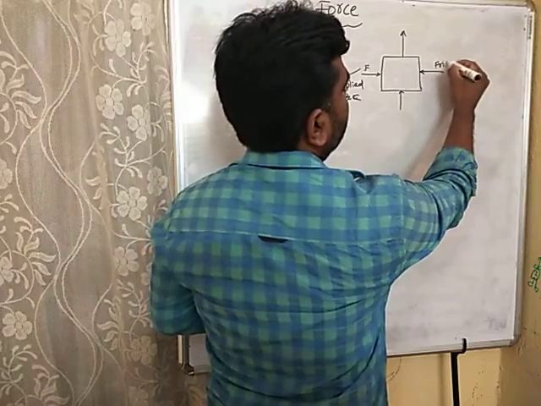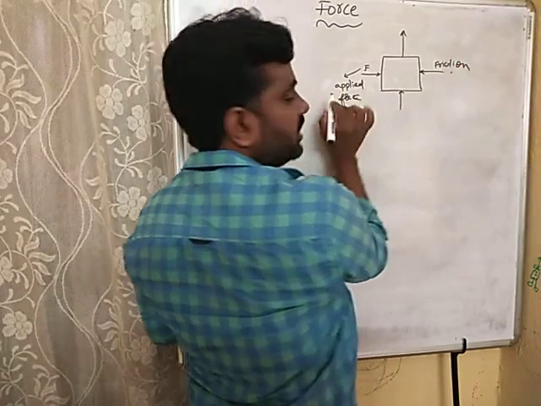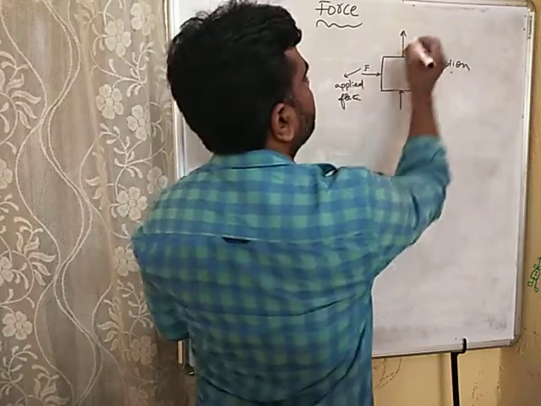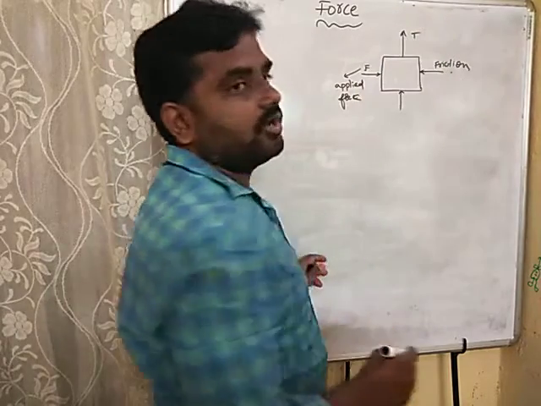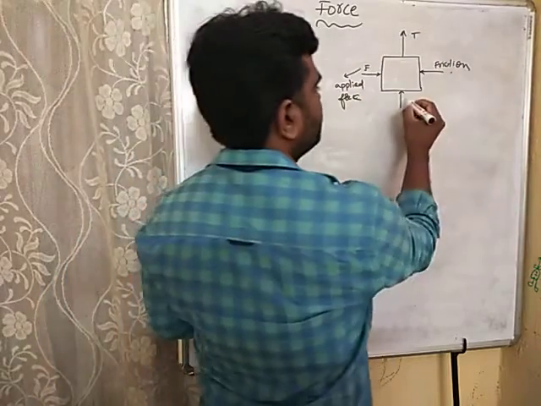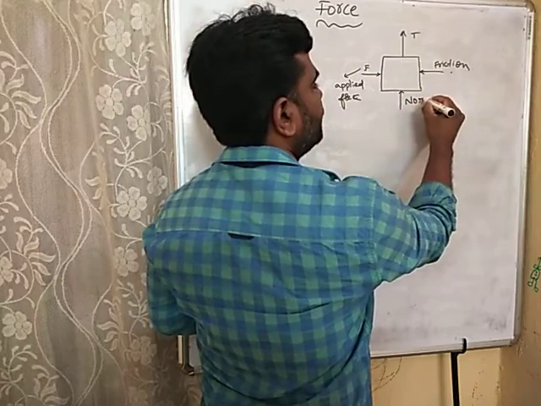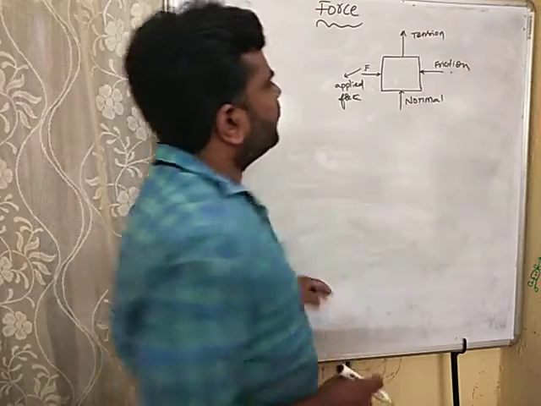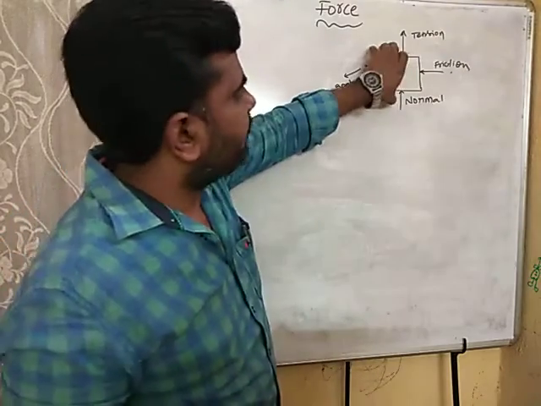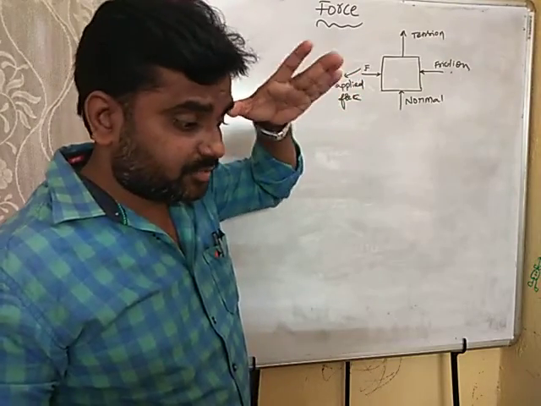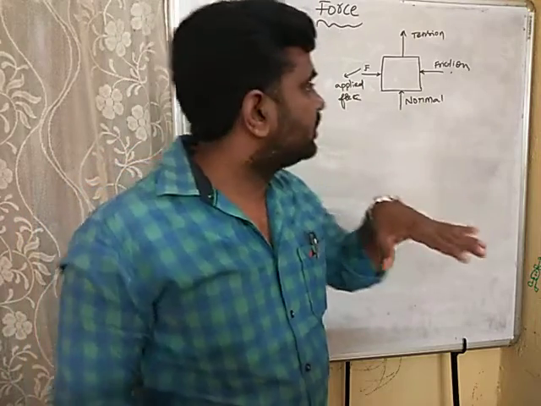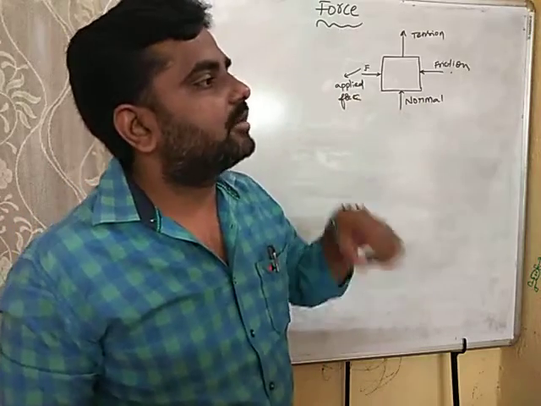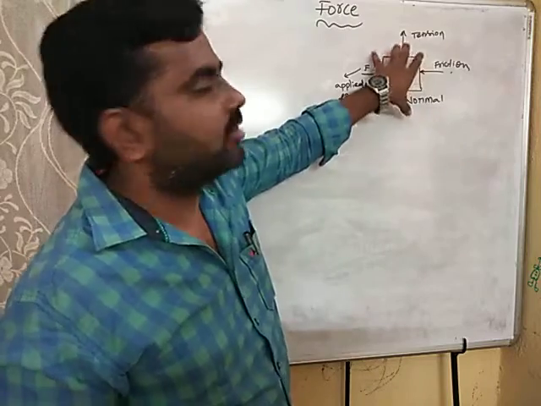So this is a friction force which is opposite to the applied force. And next, this is T, stands for what? Tension force, and this is N, stands for normal force. So on a particular body, for example, if it is placed on a floor or a table, then many forces act on this body.